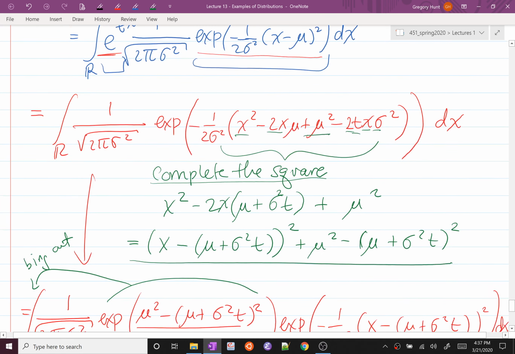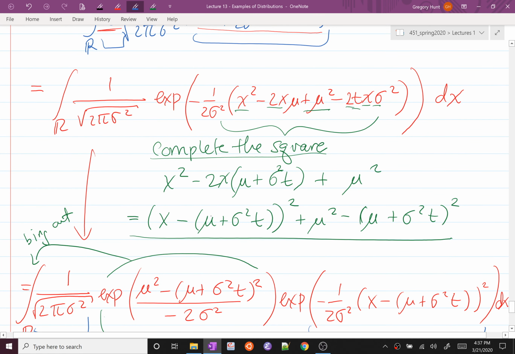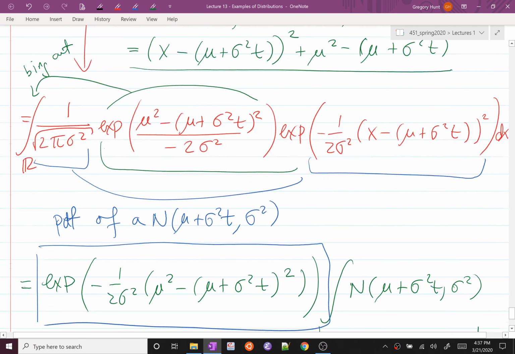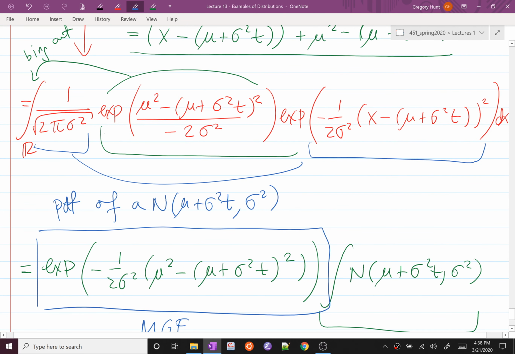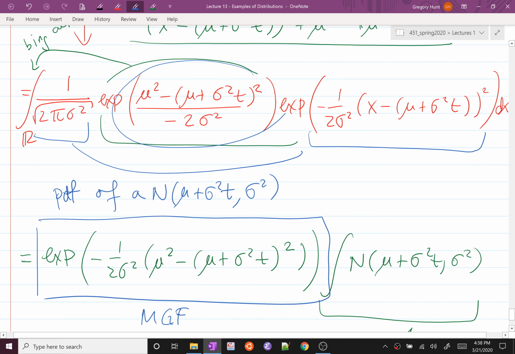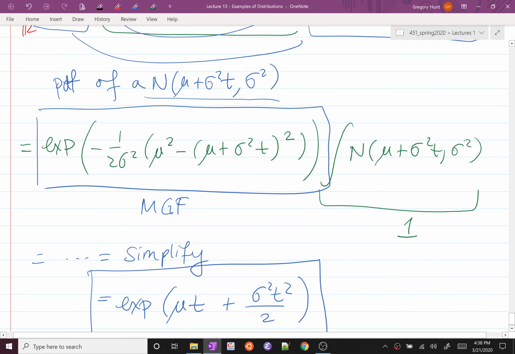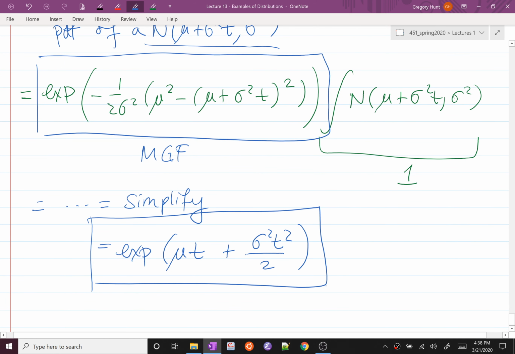Then I do some really clever algebra, and we rewrite that exponent cleverly so I get this term here that factors out. And the rest of it is just the PDF of a normal, mu plus sigma squared t, sigma squared. That thing will integrate to 1. I'll just be left with this term that's left over, and some algebra will simplify it to this.